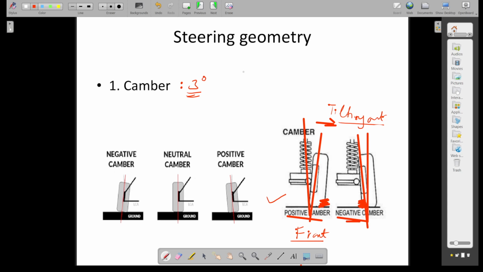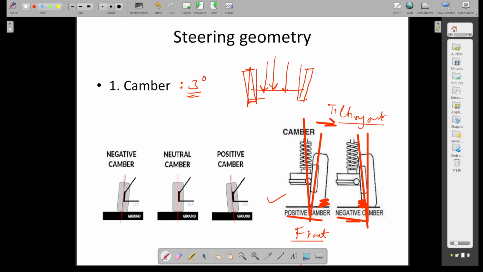So if you are giving the camber over here, and then you are placing the load over here, as you are placing the load, the tires get straight.